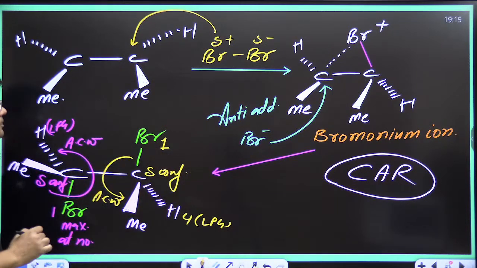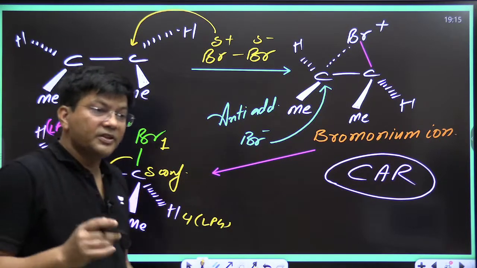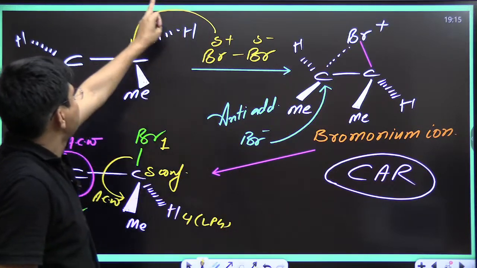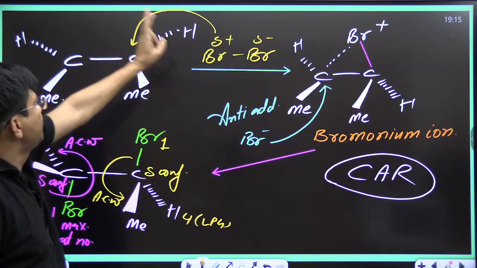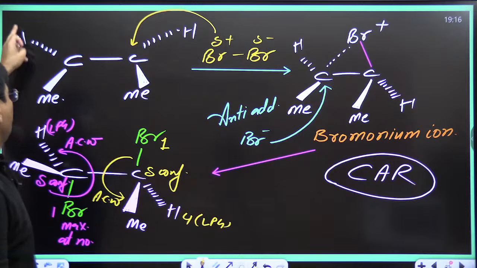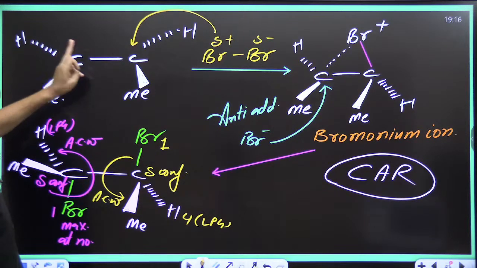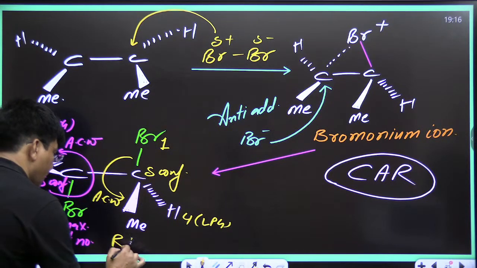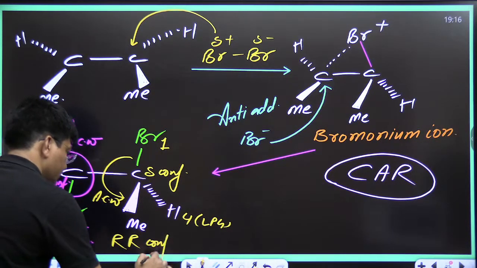Now my dear friends, you must be thinking, sir, how is it racemic? My dear friend, this bromine has attacked from the upside. If the bromine would have attacked from the downside, the another bromine must have attacked from the upside. In that case, we must have got its mirror image, that is RR configuration.